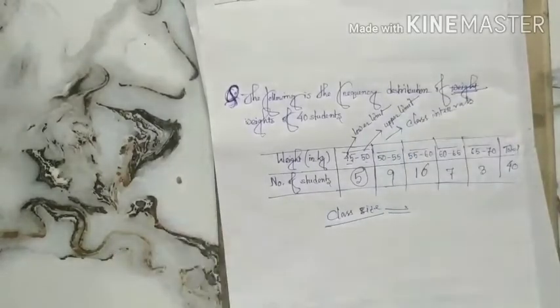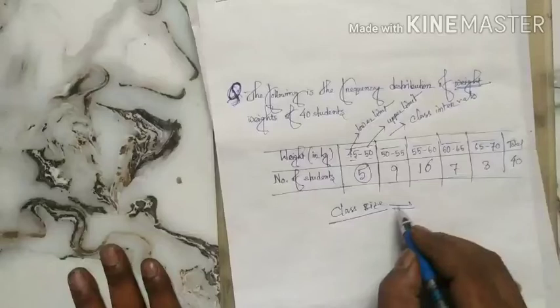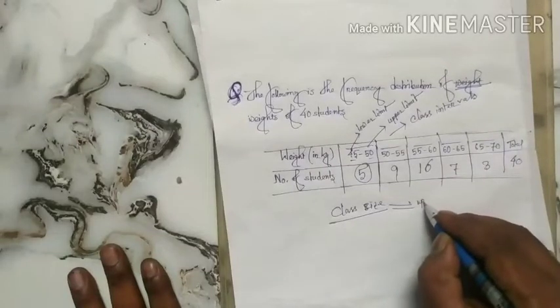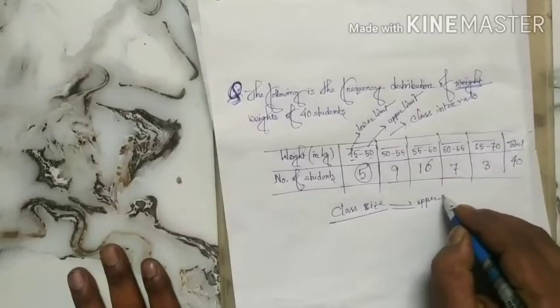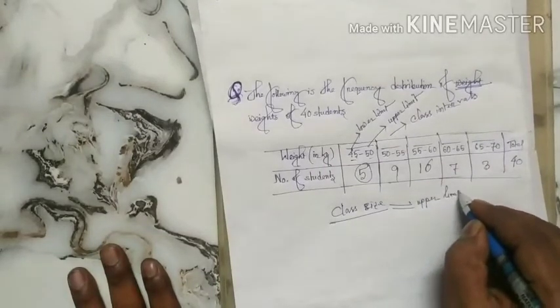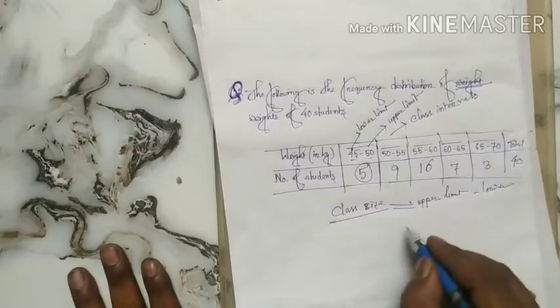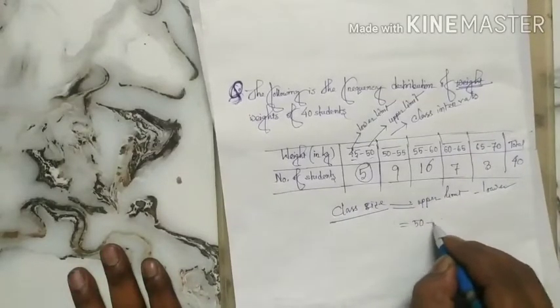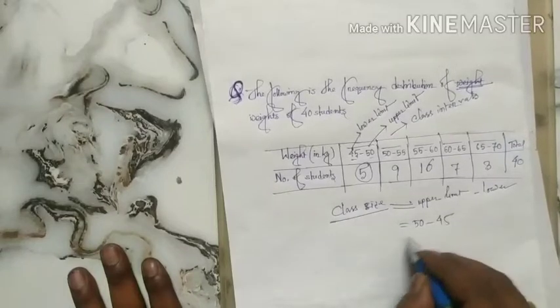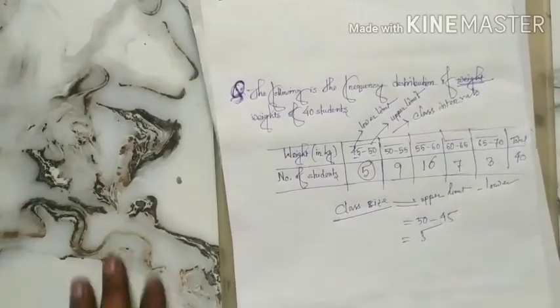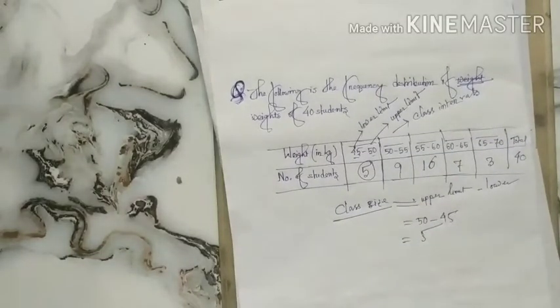So class size is upper limit minus lower limit: 50 minus 45, so the class size is 5.